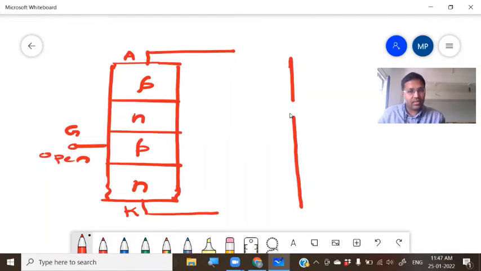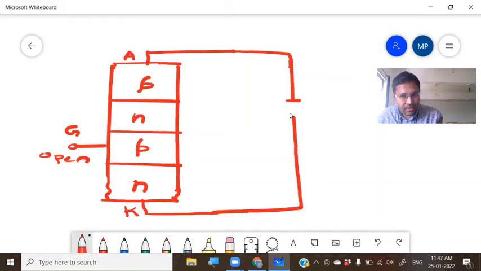That is the reverse bias condition. So this one we will join here, and this one here. P side negative, because reverse bias. P side negative, N side positive.